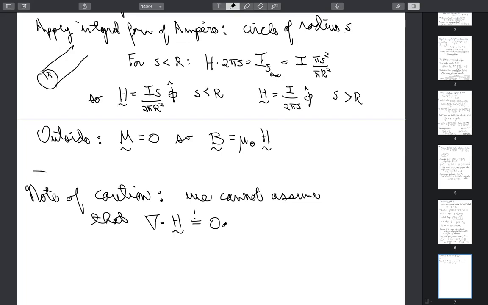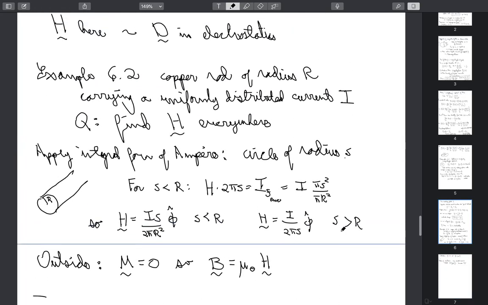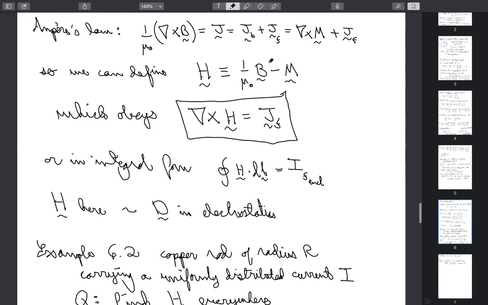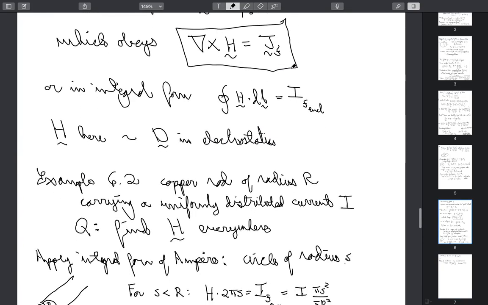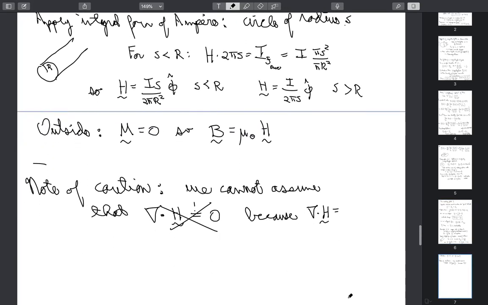It doesn't work. Why? Because if we calculate it, the divergence of H, from the definition that we had, is minus the divergence of the magnetization, since the divergence of B we know is 0, but the divergence of the magnetization is not necessarily 0. In particular at the surface of your material, there's no way that the divergence of the magnetization can be 0, because it goes suddenly from one finite value to 0.